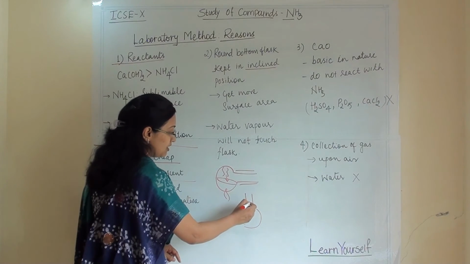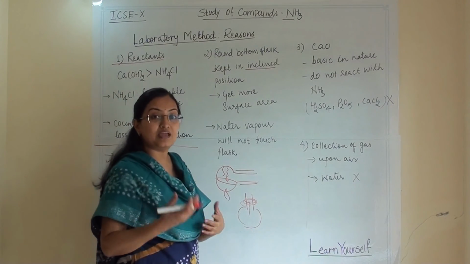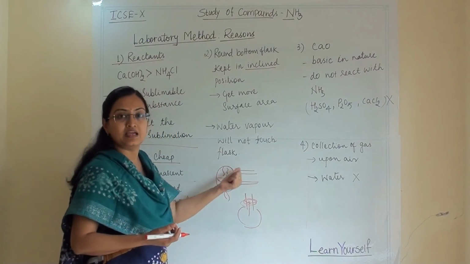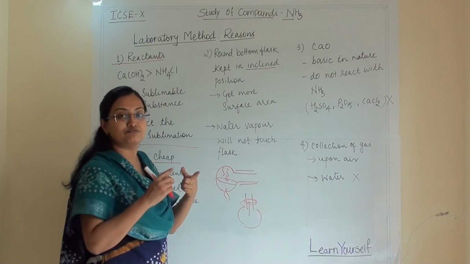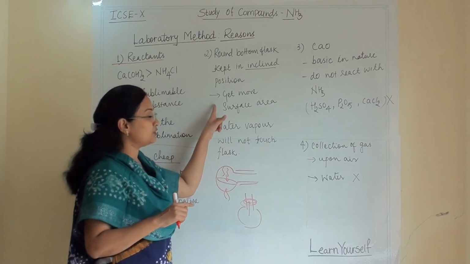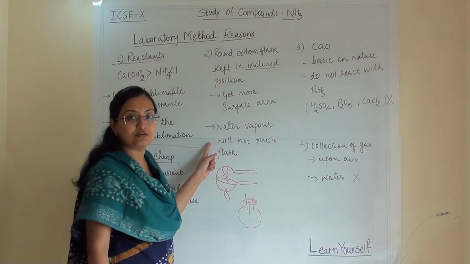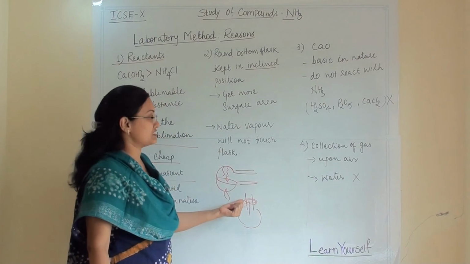If the vapor goes up and touches here, our apparatus may get cracked. So that's why we are keeping it in an inclined position. So regarding our apparatus, first, it gives us more surface area, and second, the water vapor will not touch the hot surface of the flask.